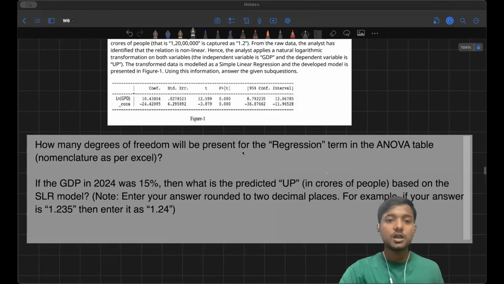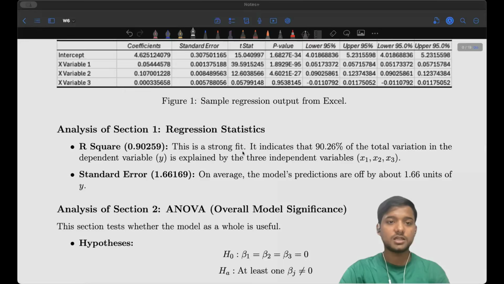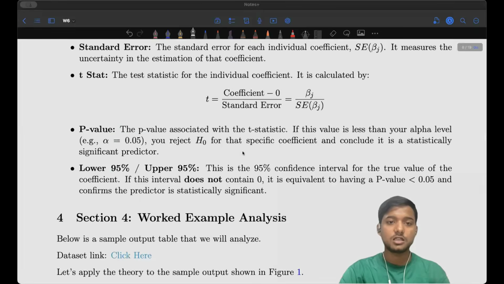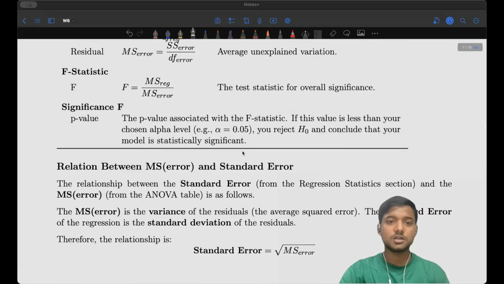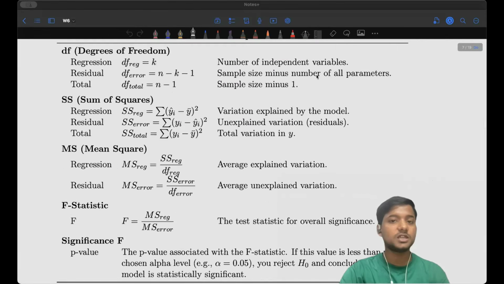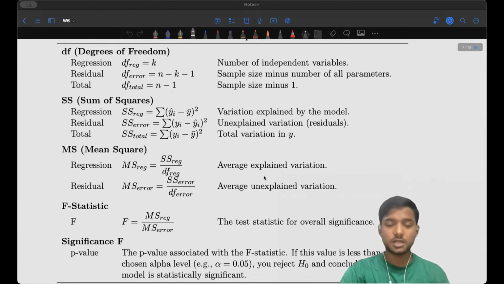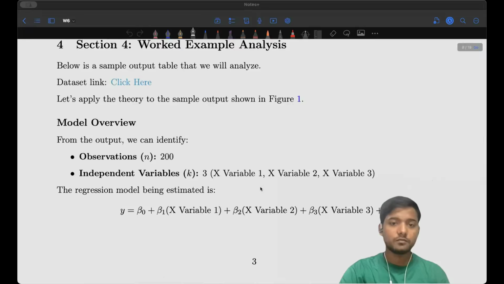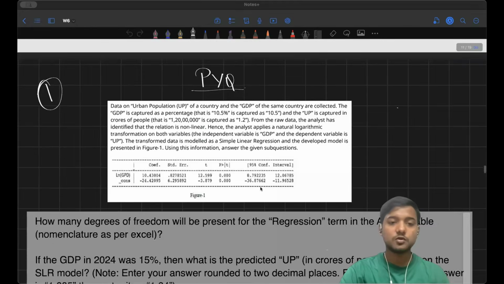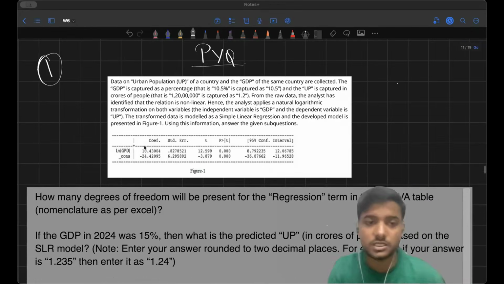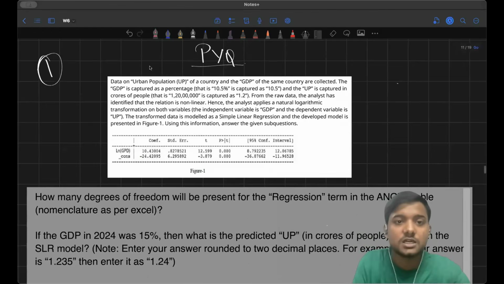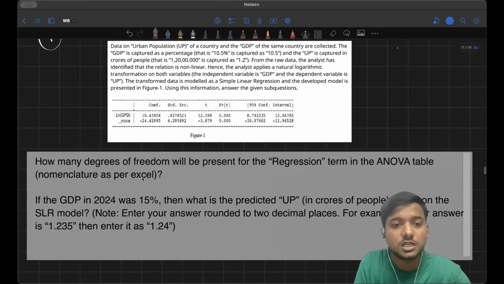So if you remember, as I explained, the degree of freedom for regression in the table is nothing but the number of predictors which I'm using, the number of independent variables. Because here I am only using one variable, GDP, or to be precise, we are using log of GDP, therefore it must be 1, right?